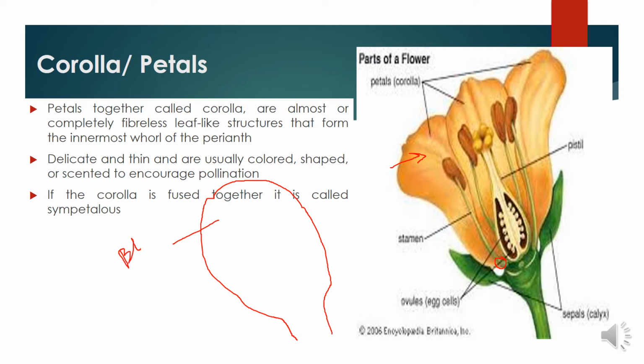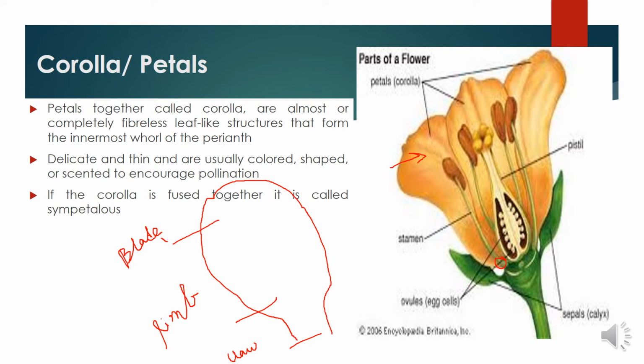The narrow region at the base is called the claw, and the intermediate region is called the limb. So these are the basic three regions of a normal petal.